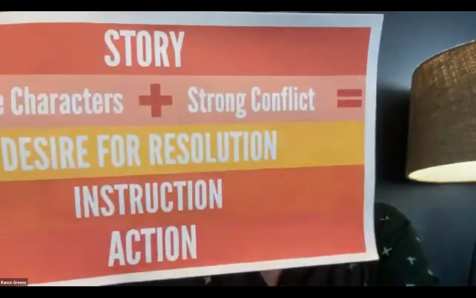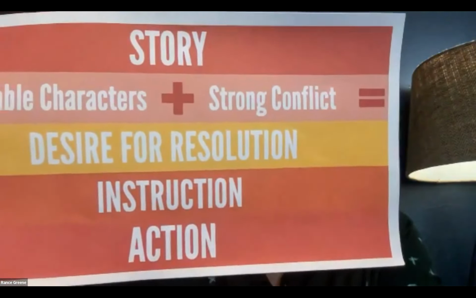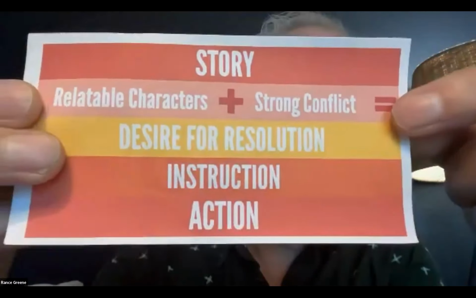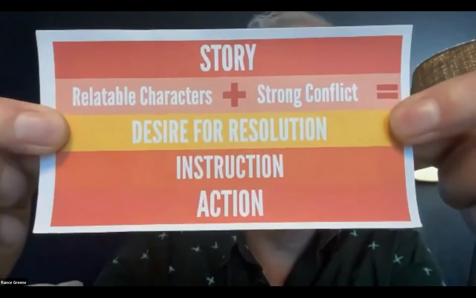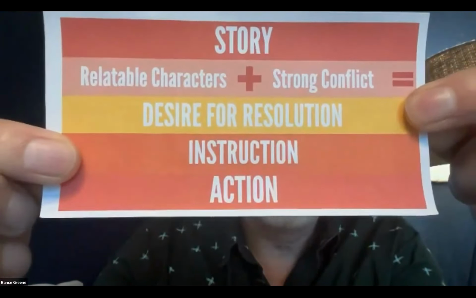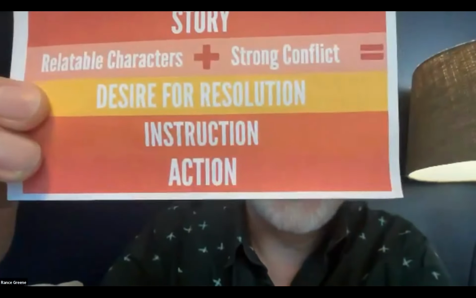We have this empathy for the characters, and so we want them to succeed. What goes in that missing gap is instruction. That is where training comes in. So a story that contains relatable characters and strong conflict produces a desire for resolution. And then that opens up the learner for training, to receive the training, and to take action on that training as well.